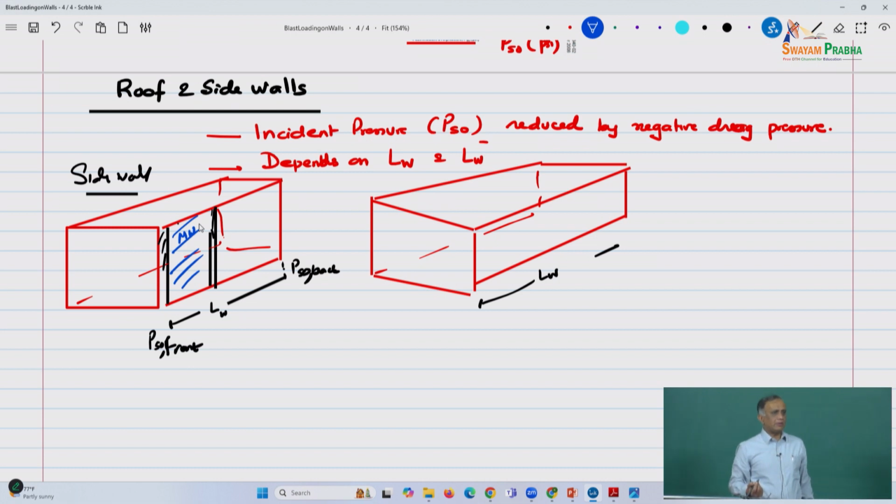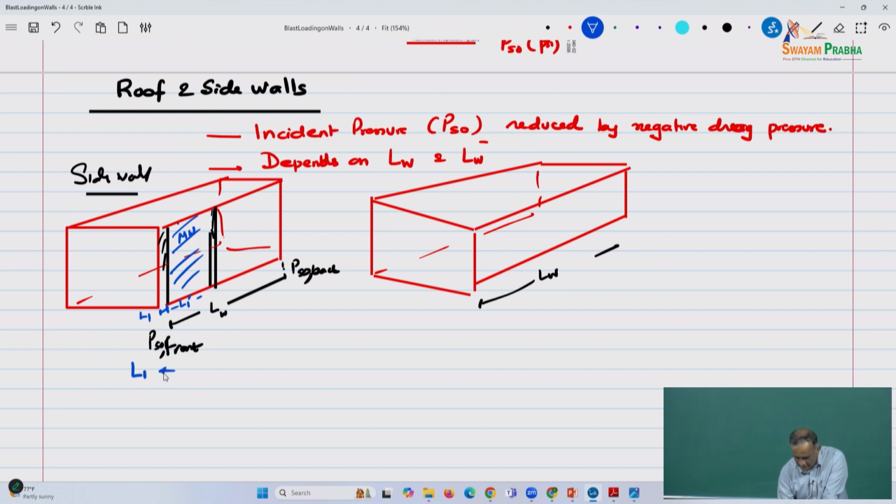Let's say this is L1, and this is L1 prime. You probably will design your columns for one pressure. You're not going to design each column differently. You might take the worst.